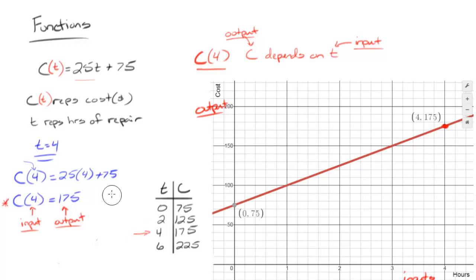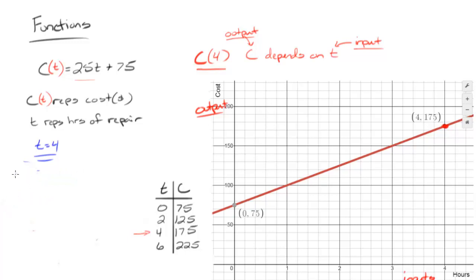Let's think about some different questions that could be asked given the data that we're given. Again, the first thing you'd be responsible for is just getting used to this notation. Someone could ask us something like, find c of 2. To find c of 2, we could just plug 2 back into this original function for t, or if we had a table of values, we could find it right here.